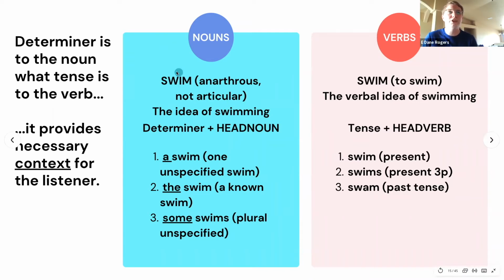So looking up here at swim, without any sort of tense or determiners, this is just the idea of swimming. It's not telling me anything specific about it. It could almost be said that this is an abstract noun. It's impossible to have a concrete noun without a determiner because the determiner brings it down to earth into our context. A noun without an article is called an anarthrous noun.